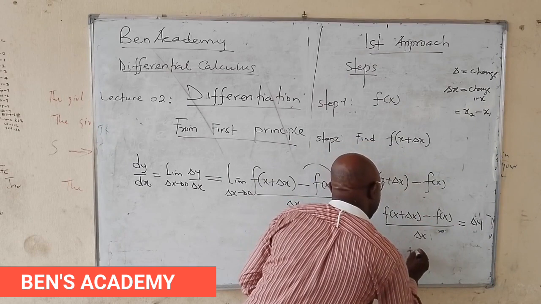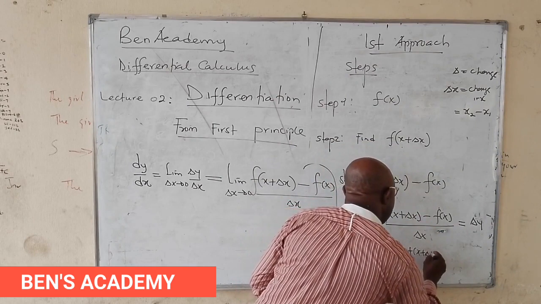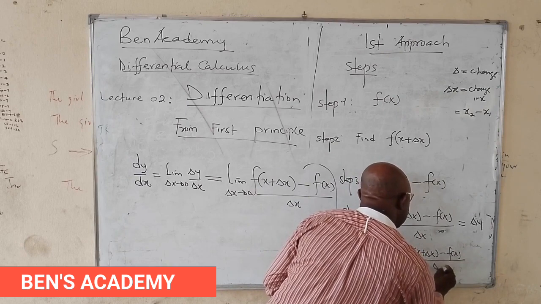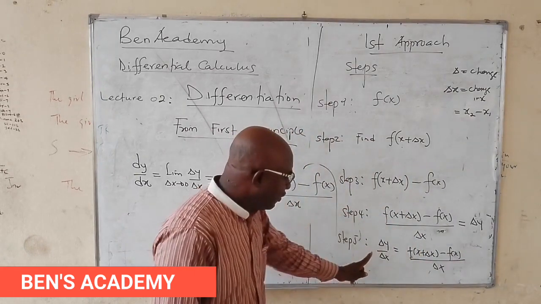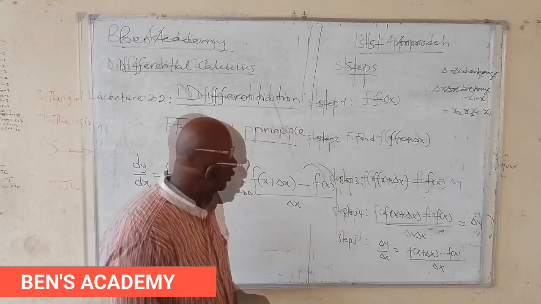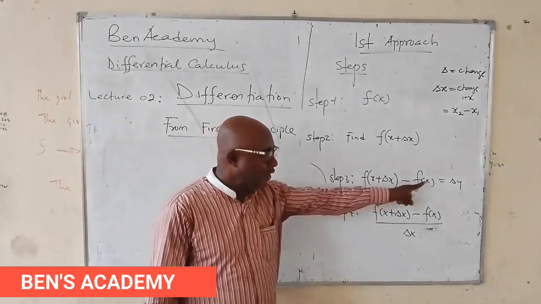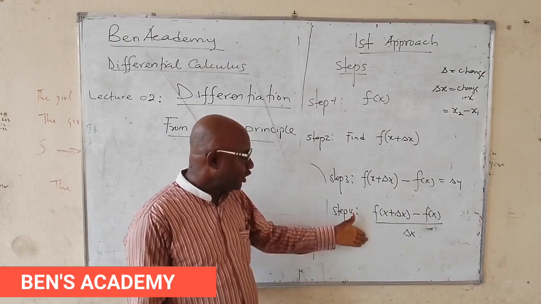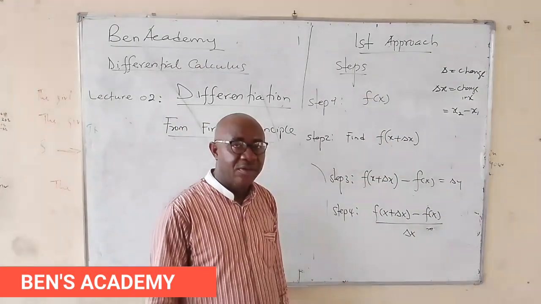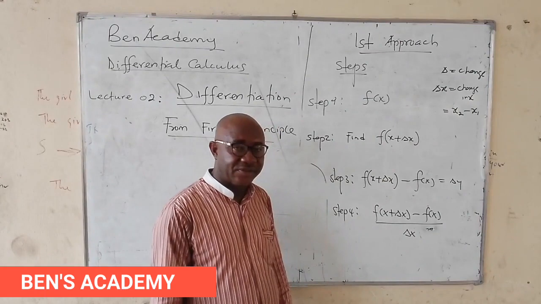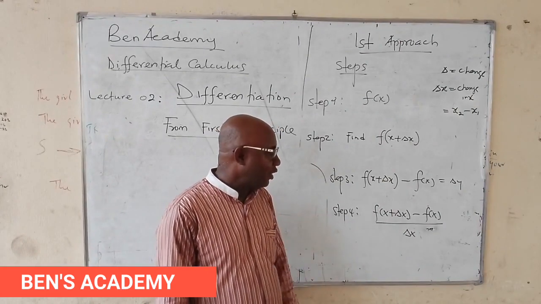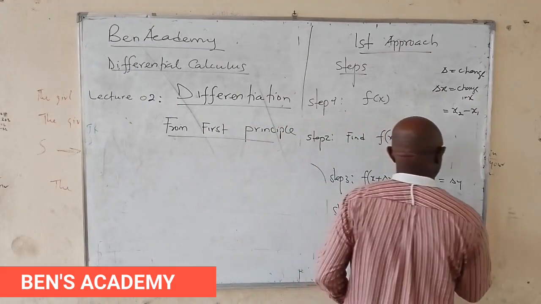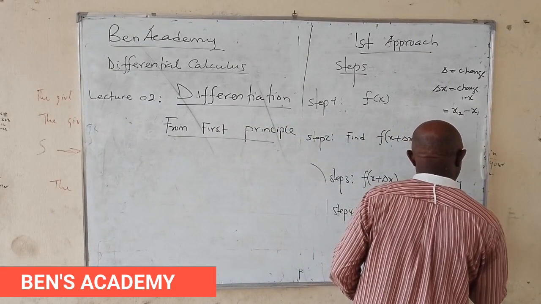So we have f of x plus change in x minus f of x all over change in x. Having gotten the difference, the next is to find this quotient, this difference divided by change in x. And when you do that, you have gotten what is called the rate of change, defined as change in y upon change in x.